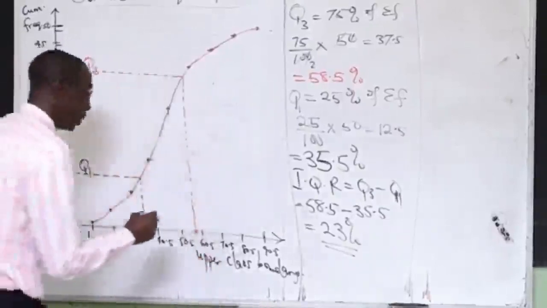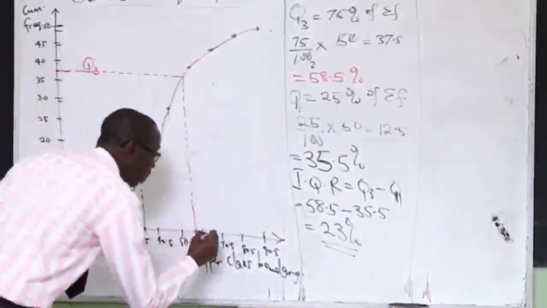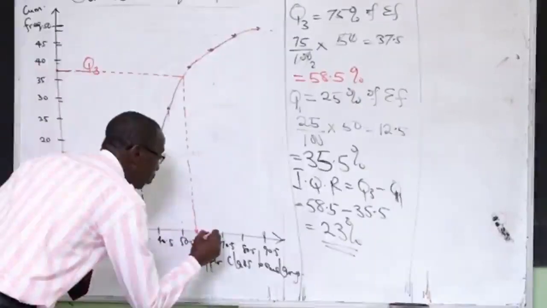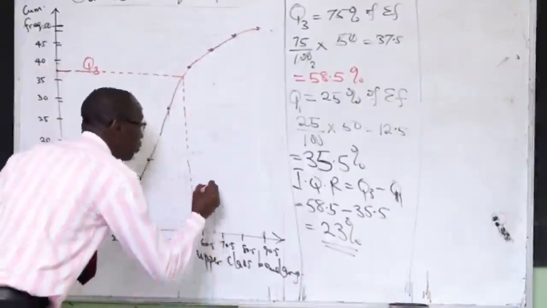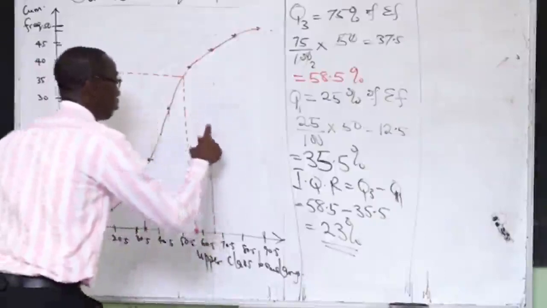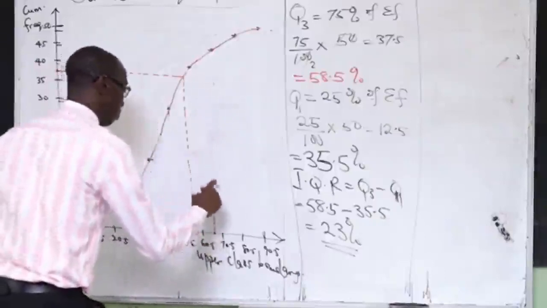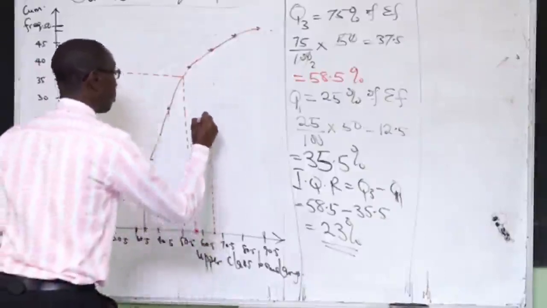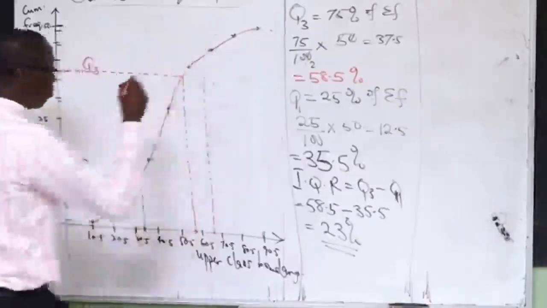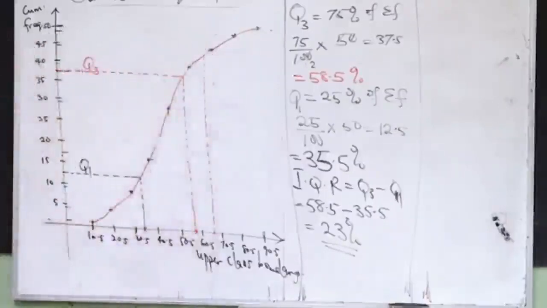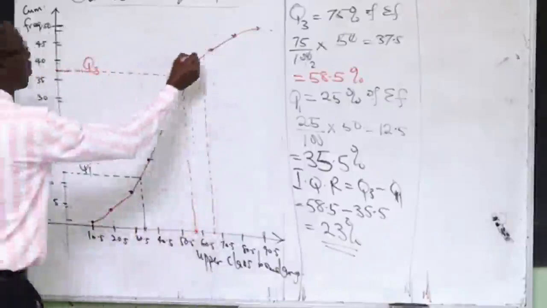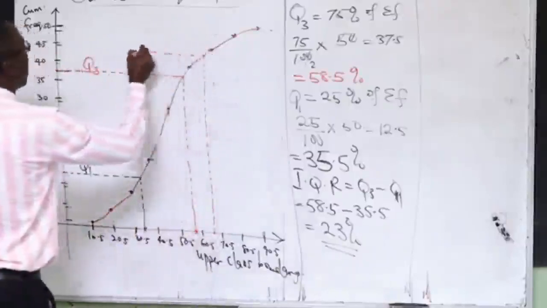Try and locate the middle point of that hole. I want to assume that this is my own middle point here, and I'm moving up. And after touching that curve, I will have to come here.